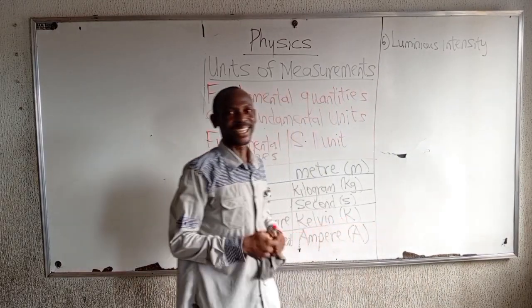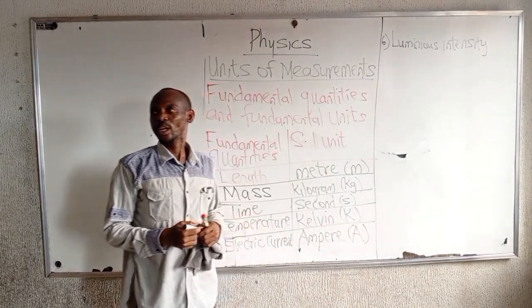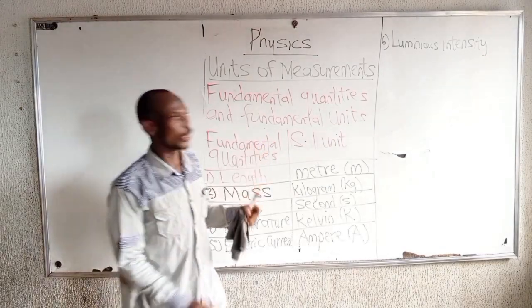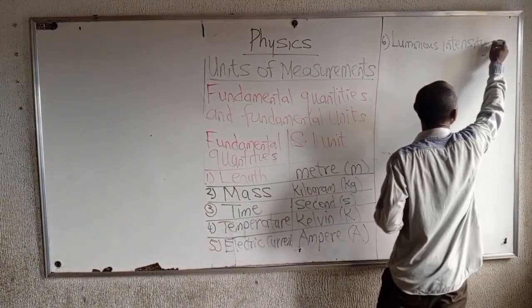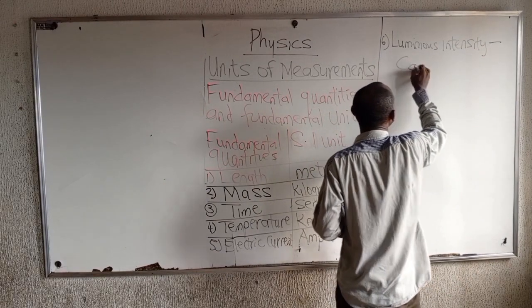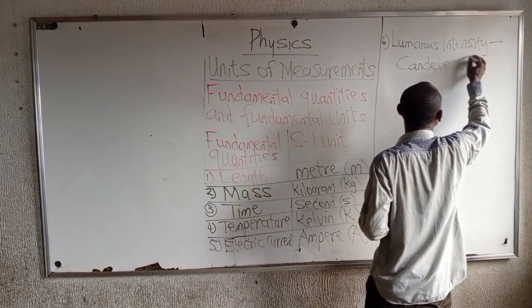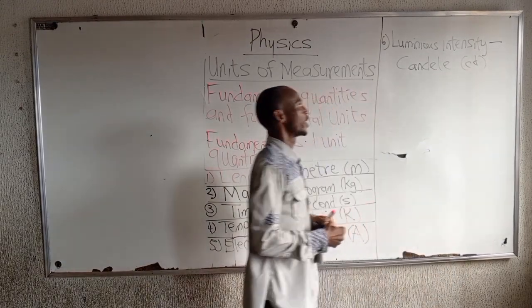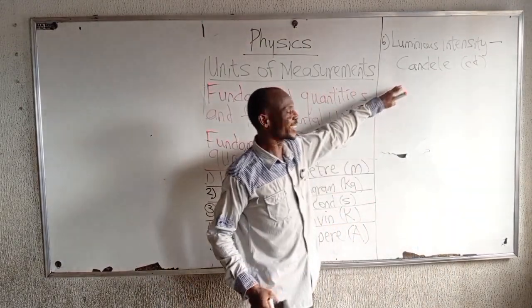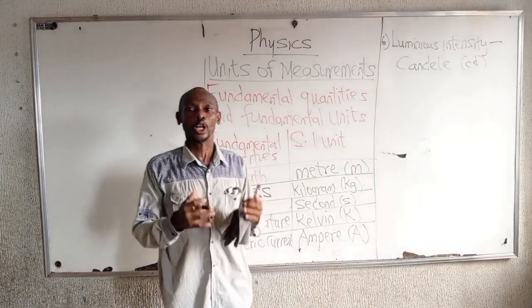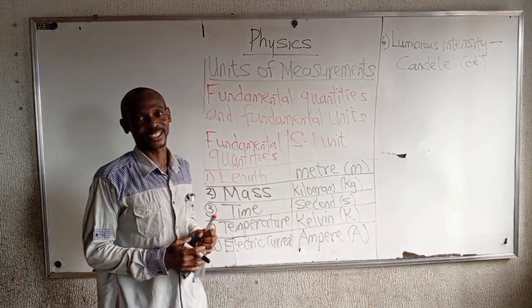Luminous intensity has a unit called the candela. CD is the symbol for luminous intensity.